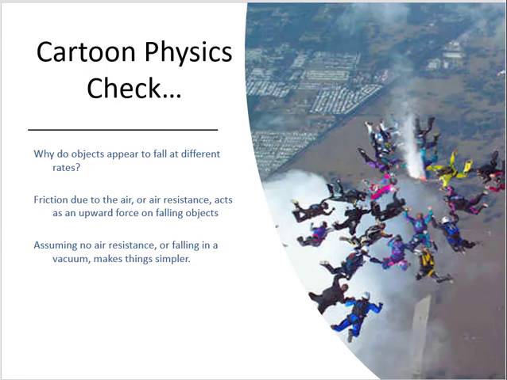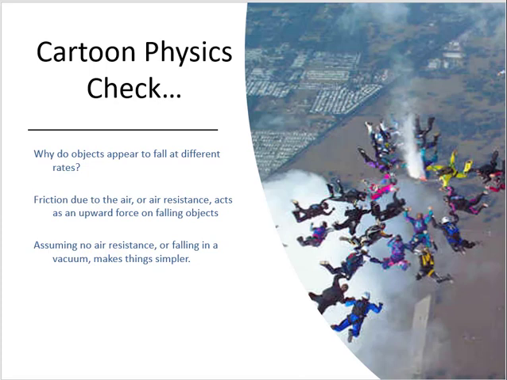So there's a spot where you don't get any faster in the real world. This is caused by air resistance. So there's actually friction due to the air when you move through it. And we don't feel it in our everyday lives, but the paper feels it when it falls, and feathers feel it when they fall. And if you are a skydiver, you will have experienced that air resistance.